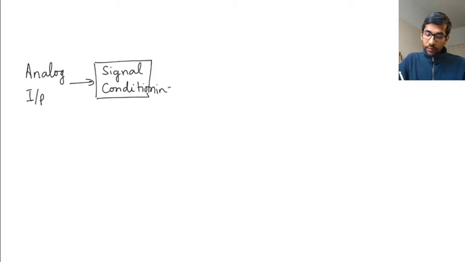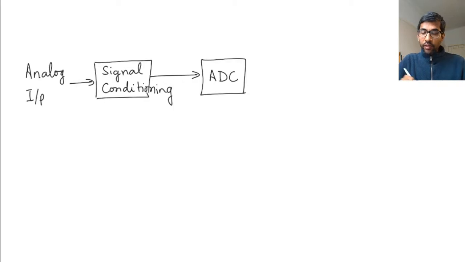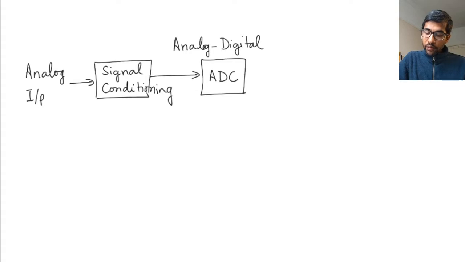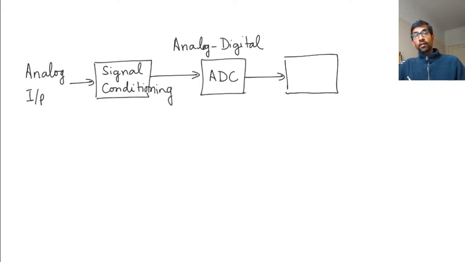Let me write it as signal conditioning, and then give this signal to an ADC, or an analog to digital converter. So this converts the analog value into a digital value, and then this digital value is given to a programmable logic. And for simplicity, let me call it a computer.